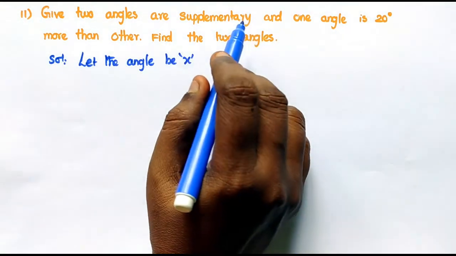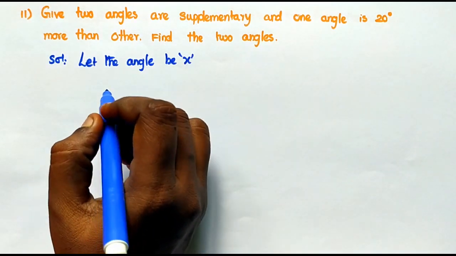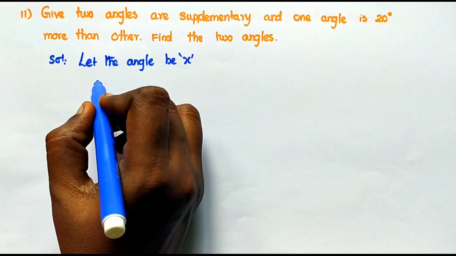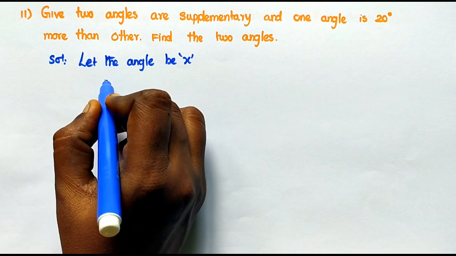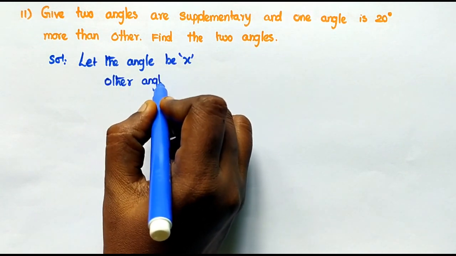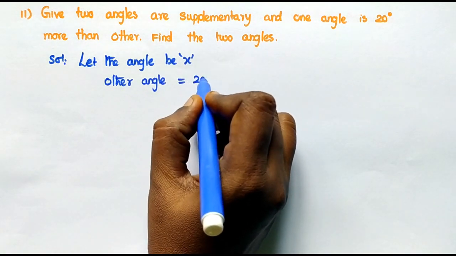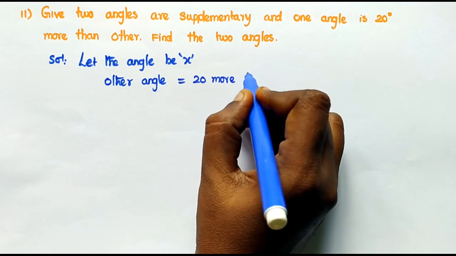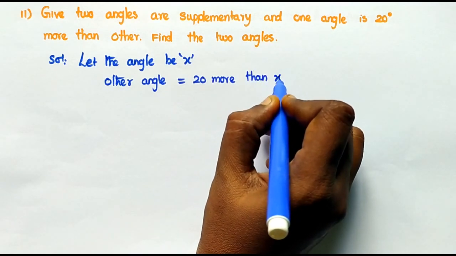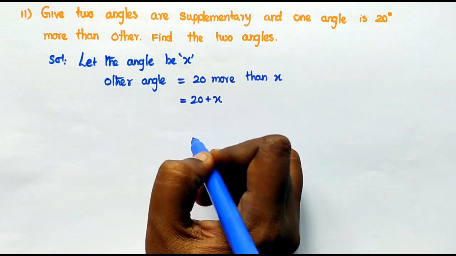One angle is x, and the other angle is 20 more than x. So that is 20 plus x.